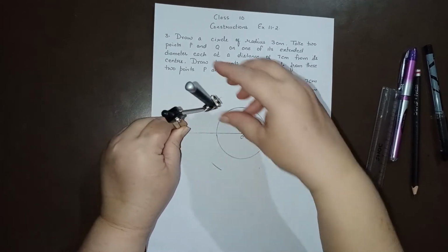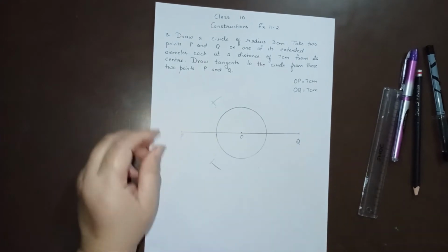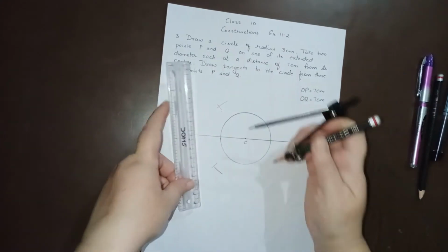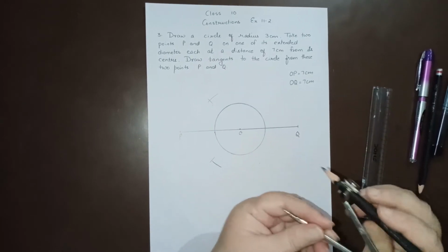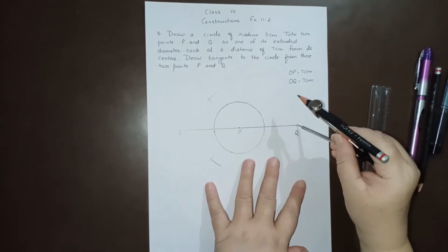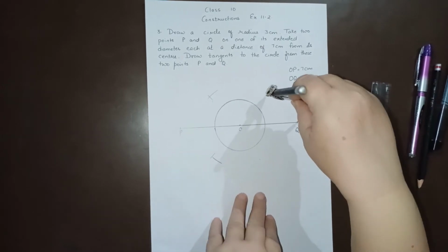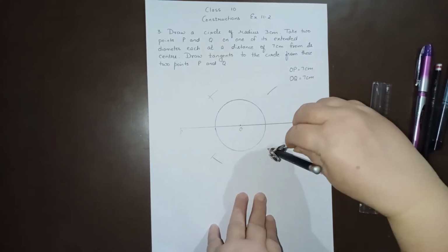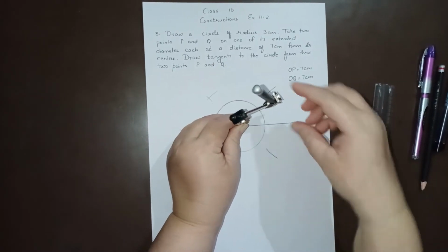So this is point P. In this way we can draw the perpendicular bisector. So this is the perpendicular bisector. Similarly, you have to draw the perpendicular bisector of OQ also, because we have to draw the tangents from both the points to the same circle. So we will draw the perpendicular bisector on this side also like this.